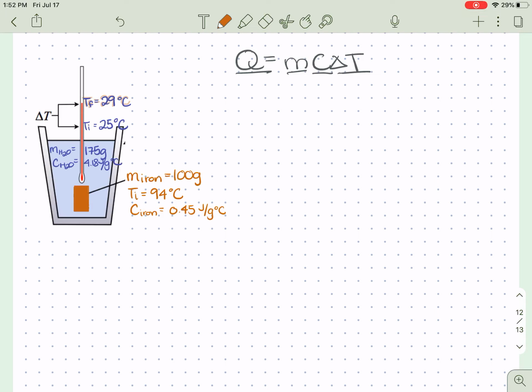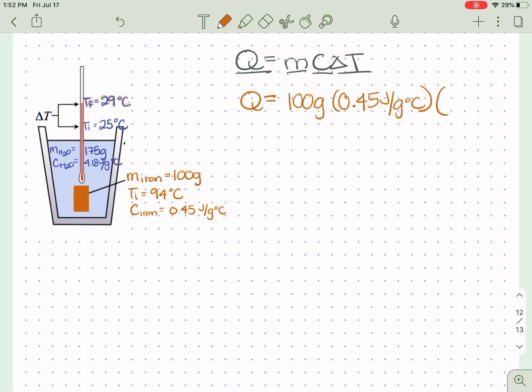We're going to start with the iron just because that's what I decided to do. So we're going to calculate the heat lost by the iron. It's going to be Q equals the mass of the iron, which is 100 grams, times the specific heat of the iron, 0.45 joules per gram degrees Celsius. And then finally the temperature change.